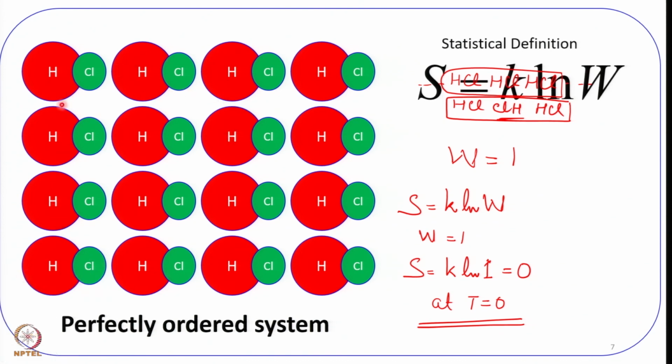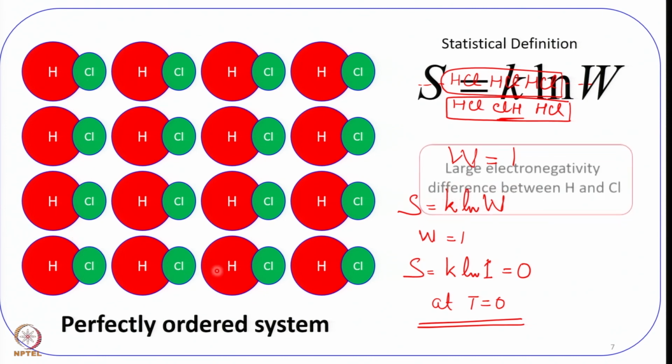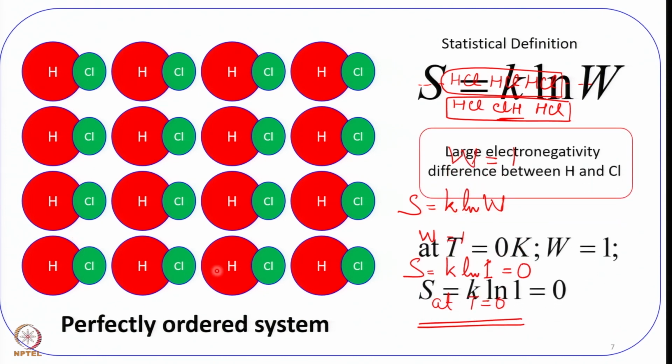The comments in the background are the same that I discussed, that it is the large electronegativity difference between H and Cl which accounts for this fact. So at T equal to 0 Kelvin, W is equal to 1, so S is equal to K log 1, which is equal to 0. That means the residual entropy of perfectly crystalline substances is equal to 0.